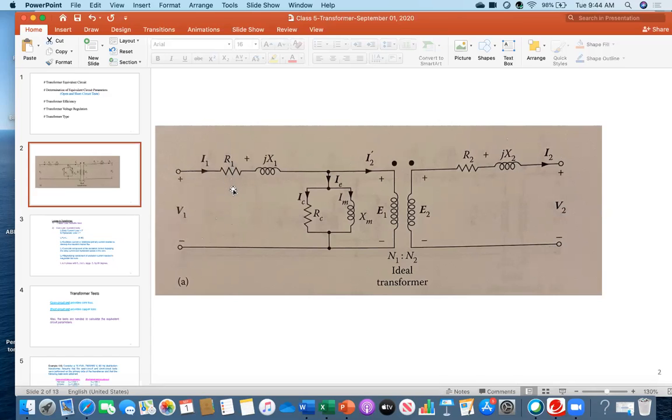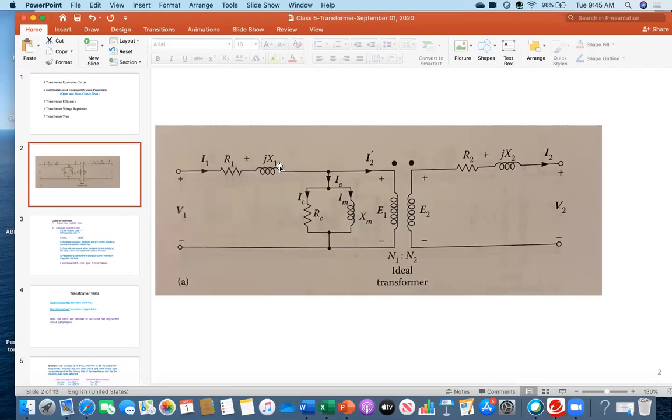R1 means there is a small resistance inside the primary coil. And of course, a coil is mainly inductance, so it has inductive reactance. That is why it is represented as jX1. So this means in the primary side, the equivalent impedance is R1 plus jX1.